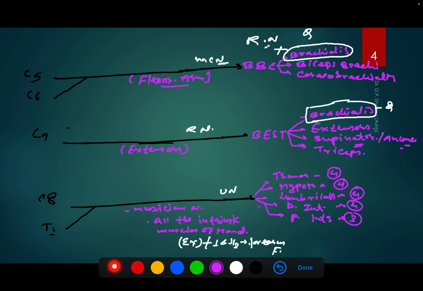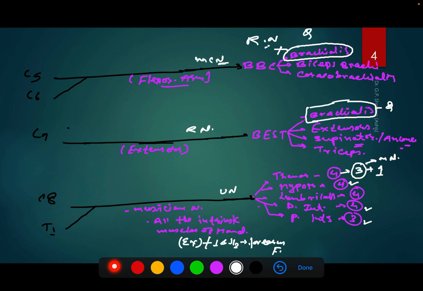Now see, the ulnar nerve supplies all the intrinsic muscles. That means it supplies all the palmar interossei, yes. All the dorsal interossei, yes. All the hypothenars, yes, right? But in the thenar eminence, out of these 4, we make 3 plus 1. These 3 are supplied by the median nerve.